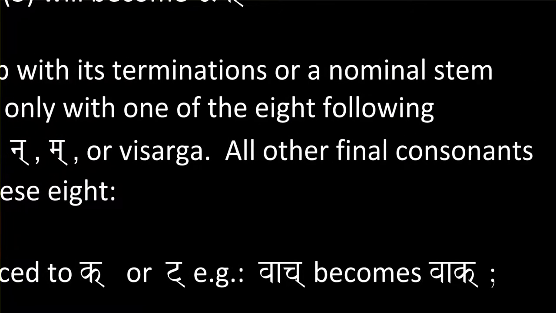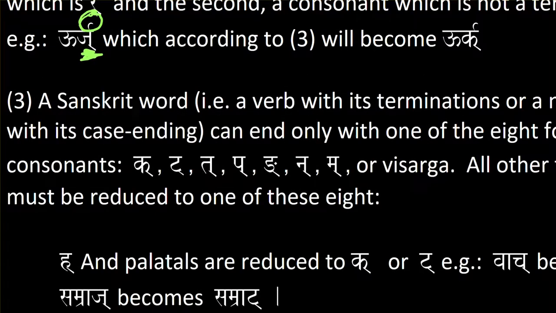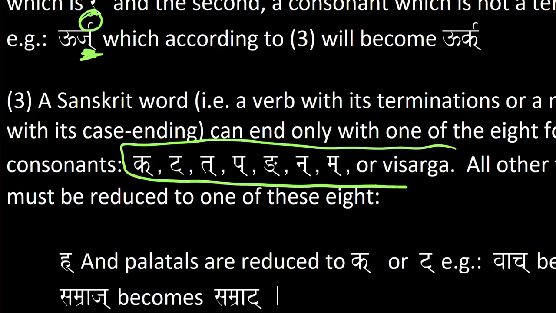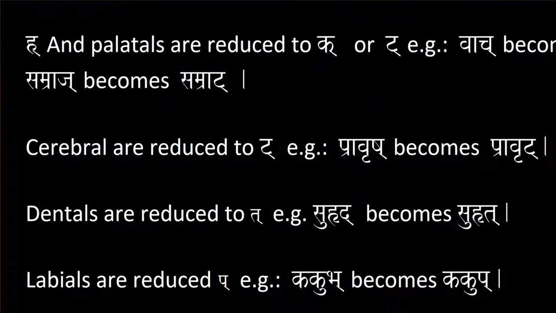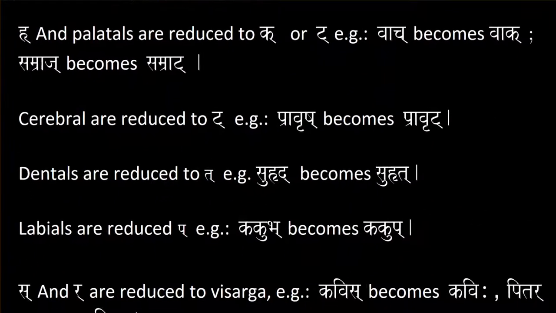All other final consonants must be reduced to one of these eight. So every word has to end with at least one of these, if it must end with a consonant. We're going to look at the examples and the rules.